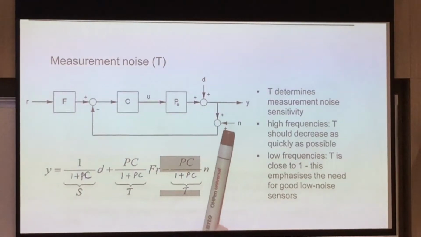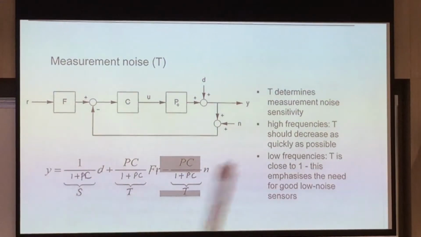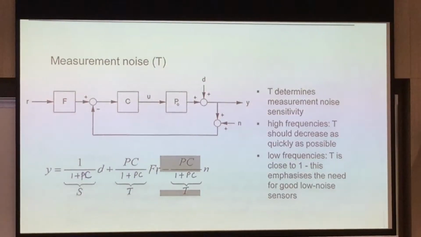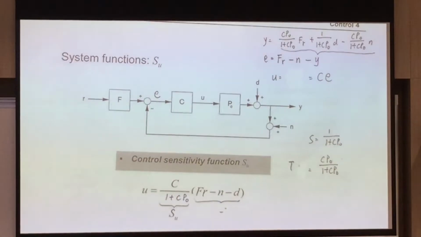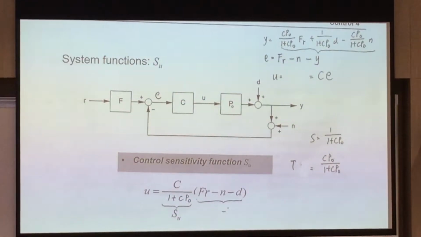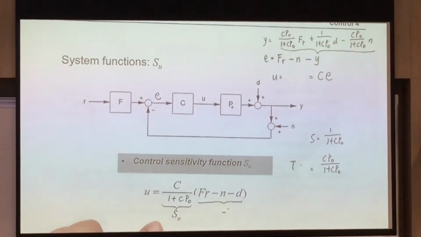Okay, so other than Y, D, N, and R, F, there's another signal in this entire system called U. Okay, the control signal. So we can also derive a system function, SU, a control sensitivity function, in this manner. Alright?